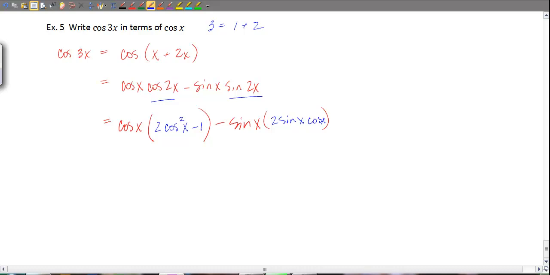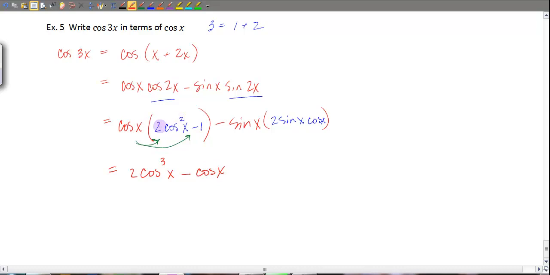Okay, so now that I have one term times this over here, I can distribute. That's going to give me 2 cosine cubed x minus cosine x.